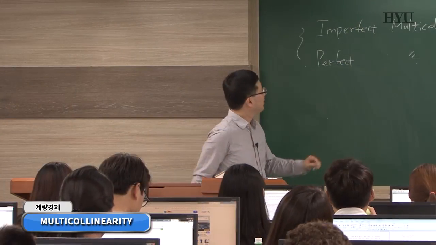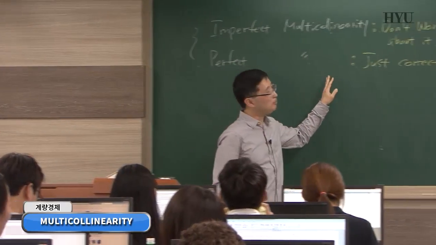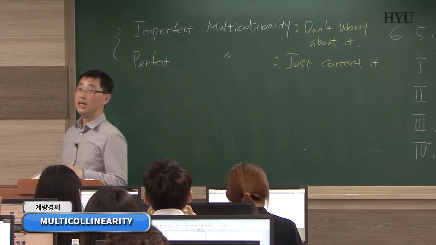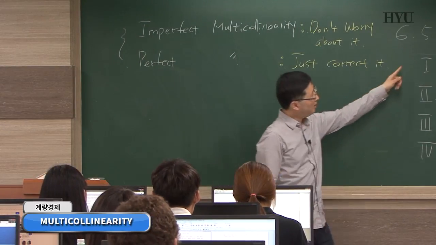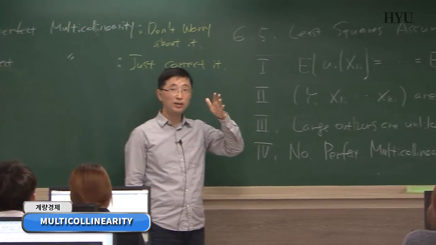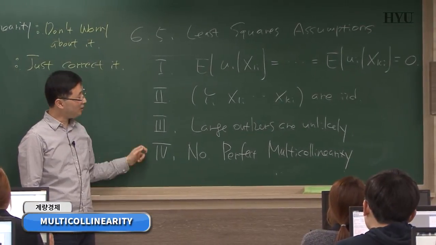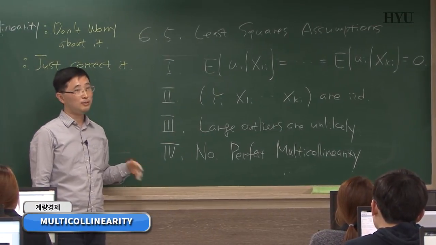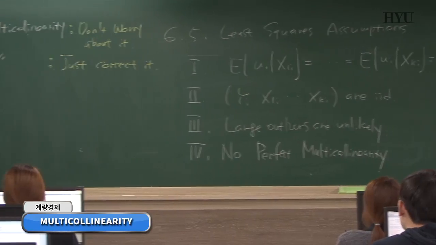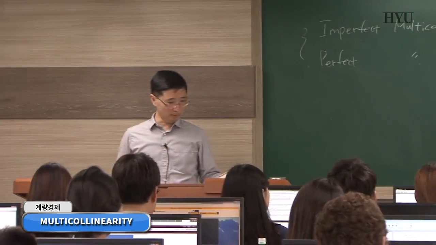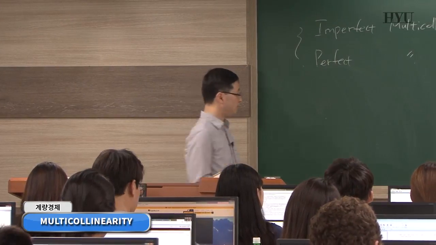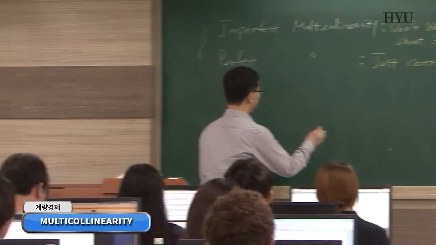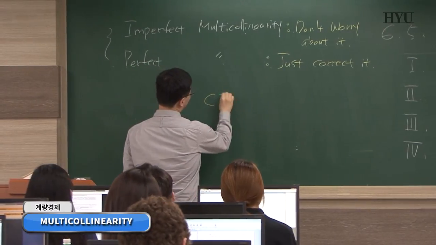Okay, so I'm going to give you an example of a perfect multicollinearity. This is indeed a problem because if there is a perfect multicollinearity, that violates one of the regression assumptions, right? So we cannot run a regression. We actually know this example already. So can you open your R?